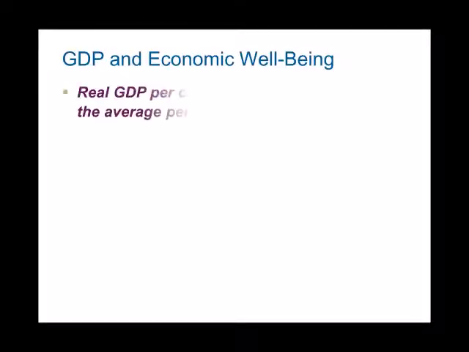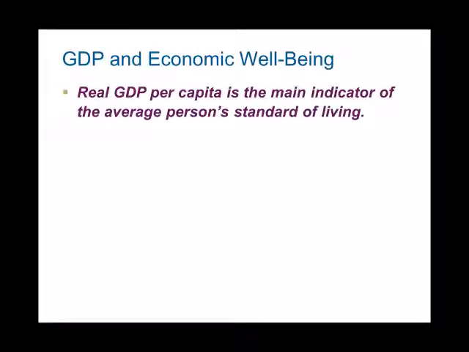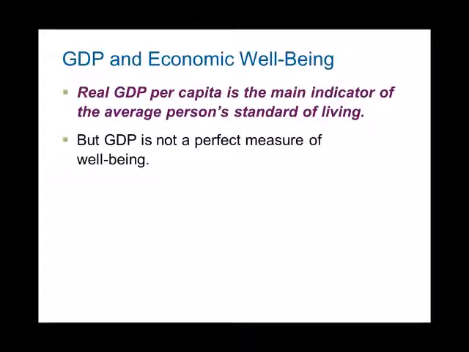Now, how important is GDP? Real GDP per capita is what we use to measure the average person's standard of living in a country. So when we say a country is a rich country, we mean that the GDP per person, or GDP per capita, is high or low. The richest country in the world, we say, is either Qatar or Luxembourg.